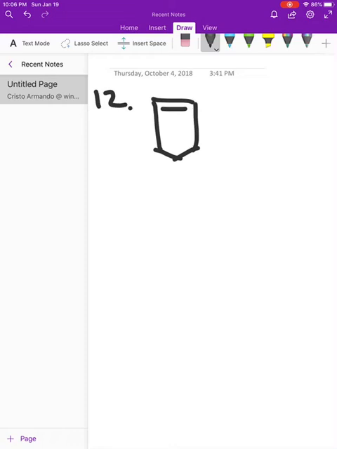Okay, problem number 12. That may not be clear. So let me draw it a little bit bigger. That's a little bit better. Plus Cl2. I'm going to draw it just like that so it can be a little bit more convenient for some of us.